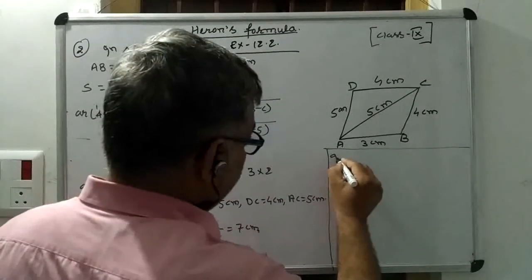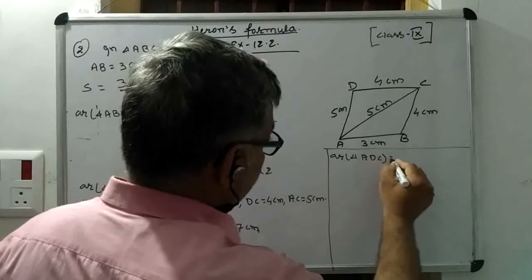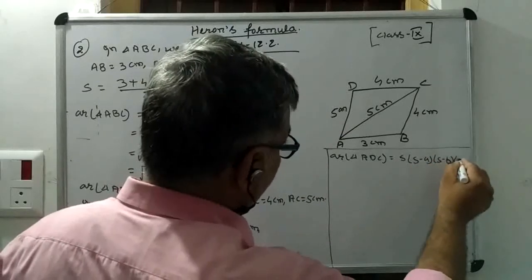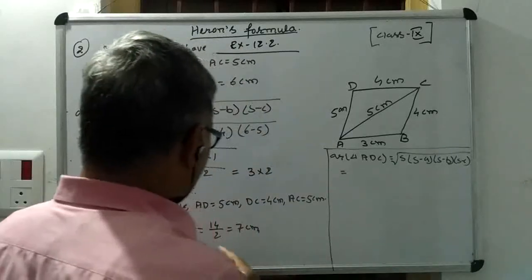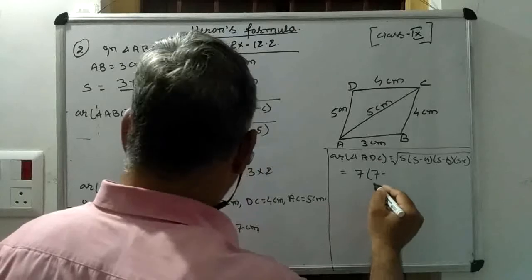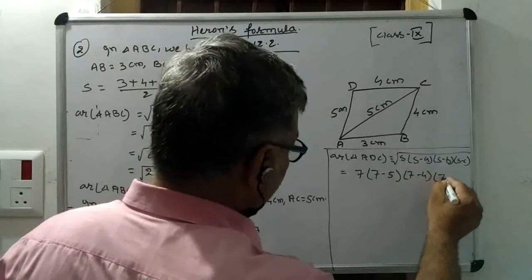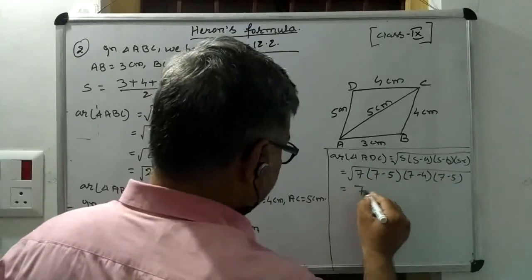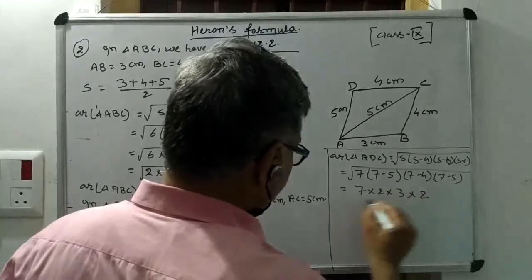Now apply Heron's formula in this triangle also. Area of triangle ADC equals square root of S into S minus A into S minus B into S minus C. Putting in the values, 7 into 7 minus 5 into 7 minus 4 into 7 minus 5 under root, which is 7 into 2 into 3 into 2.